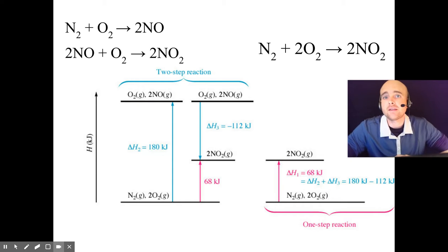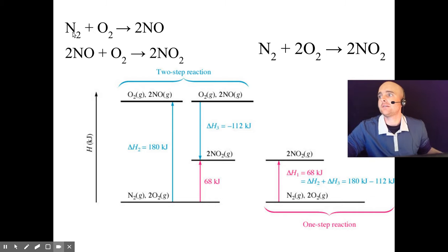Here we have an example of two very similar reactions where we have nitrogen and oxygen to ultimately yield NO2. Here it occurs in two different steps, or two different pathways.